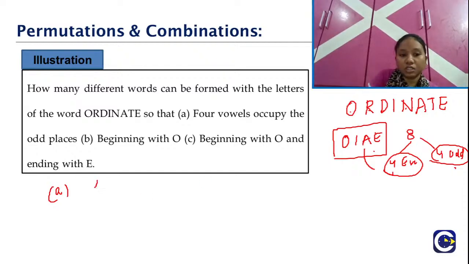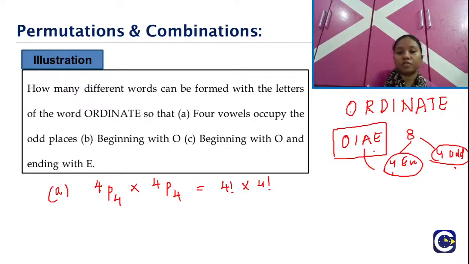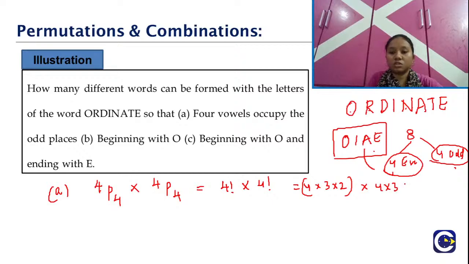That means in these 4 odd places, these 4 have to be arranged, so it will be 4P4, and the remaining 4 consonants have to occupy the 4 even places, so it will also be 4P4 arrangement. That means 4 factorial into 4 factorial, which is 4 into 3 into 2 into 1, times the same.